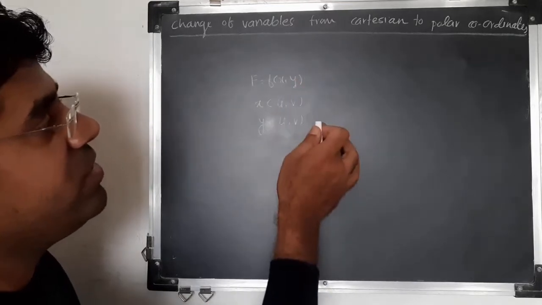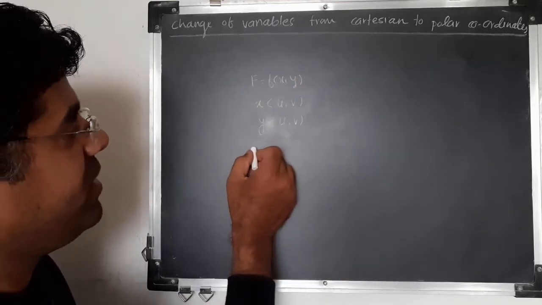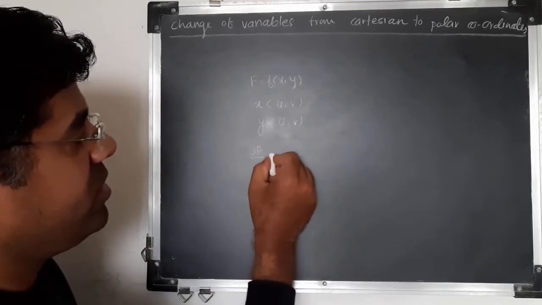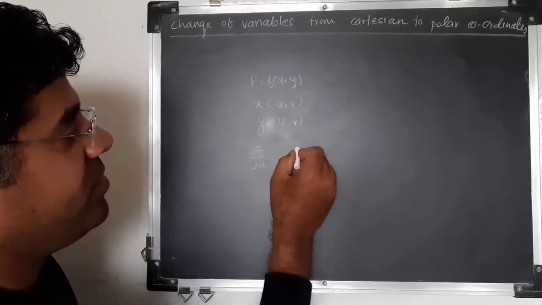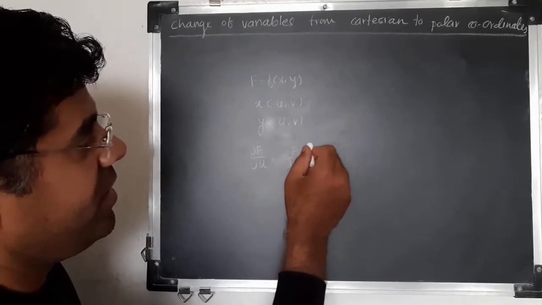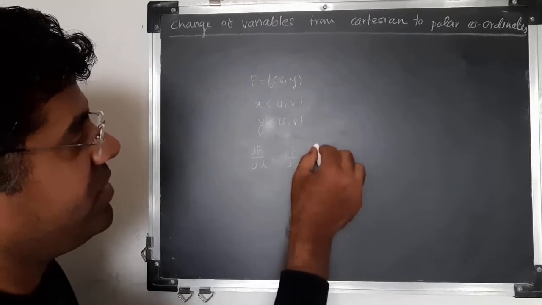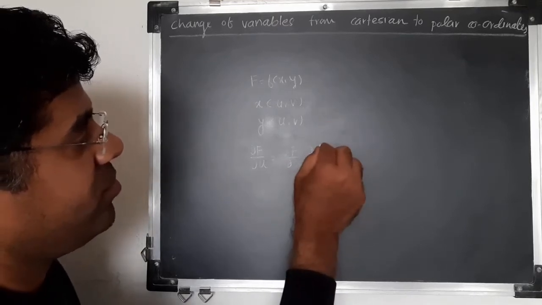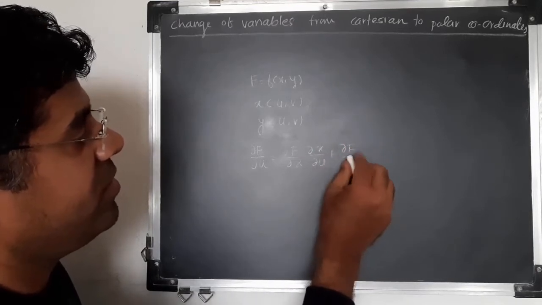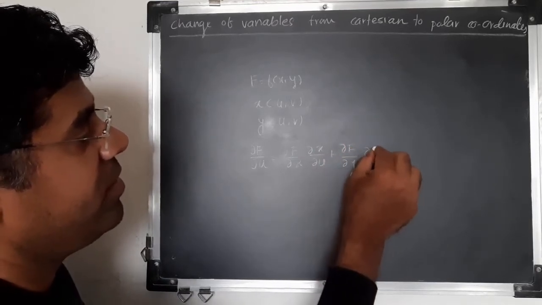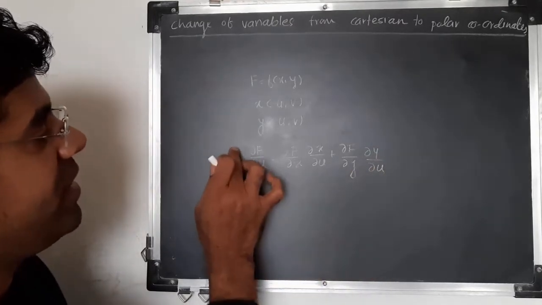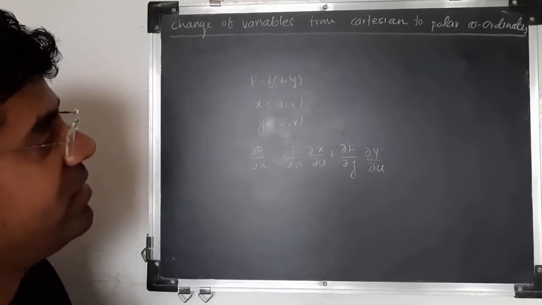Then we can use the chain rule for this, and that is nothing but delta f by delta u is equal to delta f by delta x times delta x by delta u, plus delta f by delta y times delta y by delta u. Similarly, you can write for delta f by delta v also.